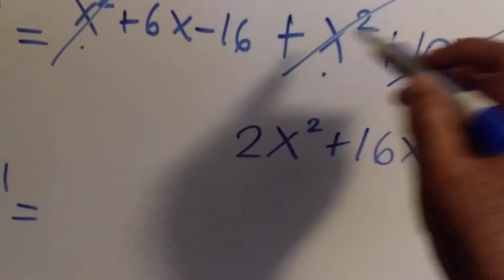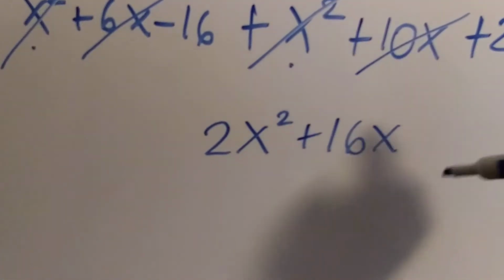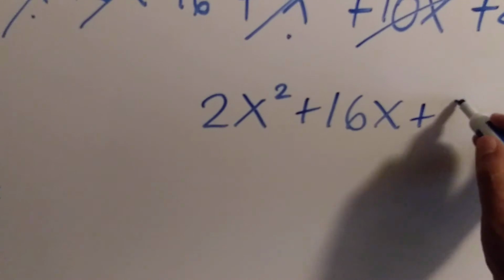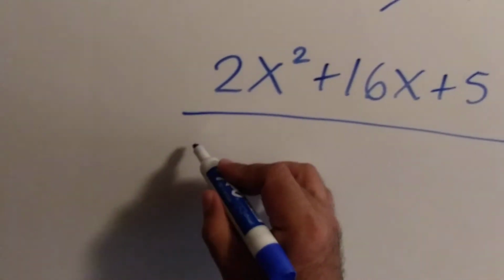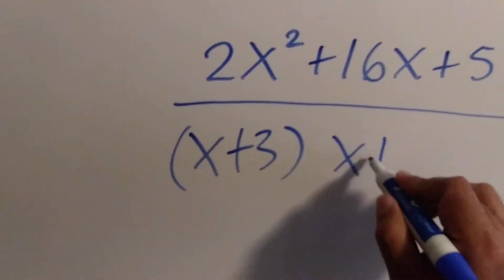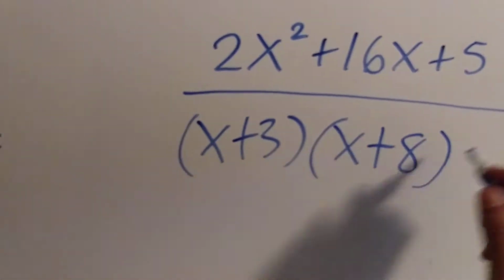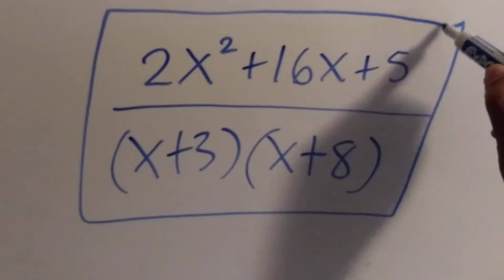Let's cross it out. And then we have negative 16 plus 21, which gives us an answer of positive 5. Okay, now we're going to bring our x plus 3, x plus 8. And this is your final answer.